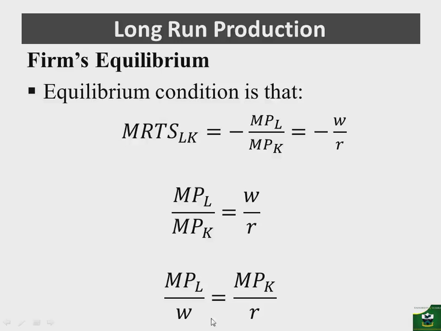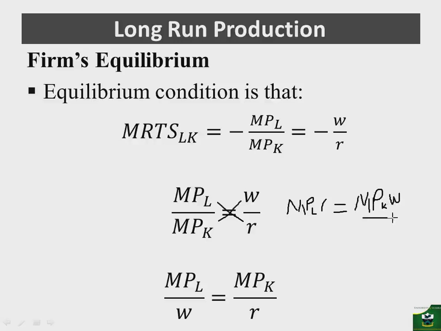So all we've done here is just a rearrangement. If you cross multiply and then divide, you will notice that this is what you end up with. For those who may get confused, if you cross multiply, you will have the marginal product of labor divided by the rental price of capital, and this is equal to the marginal product of capital divided by the wage.